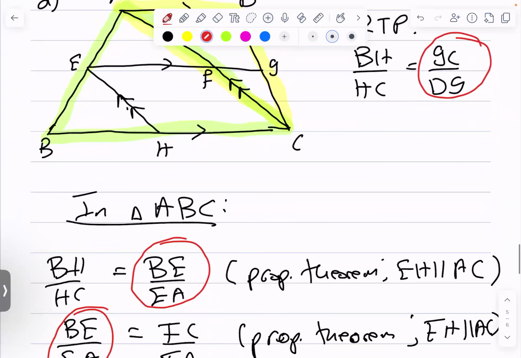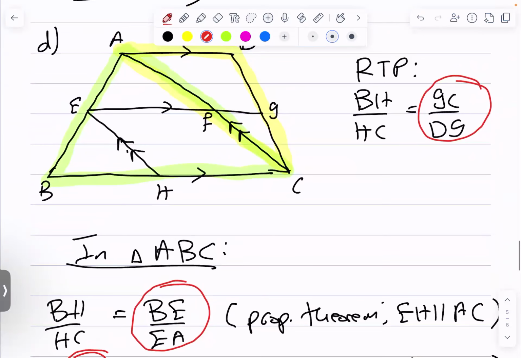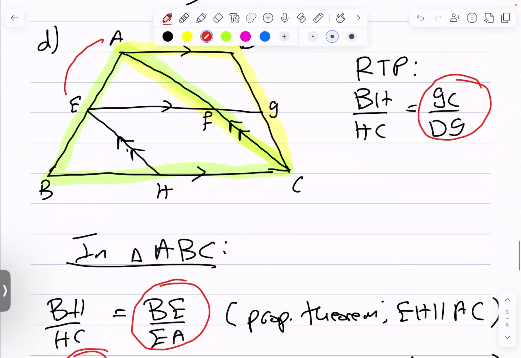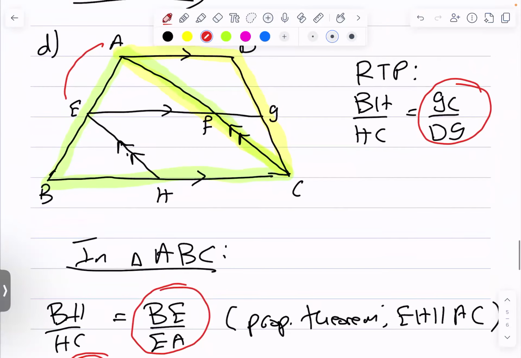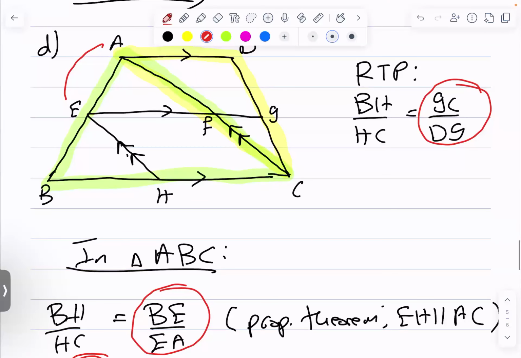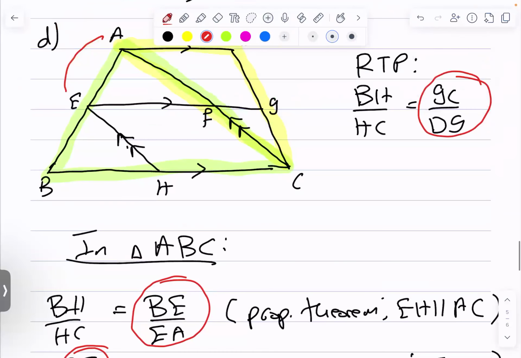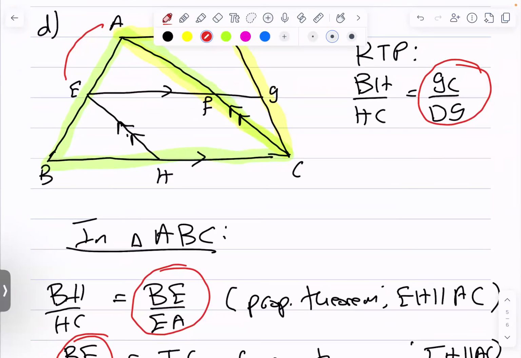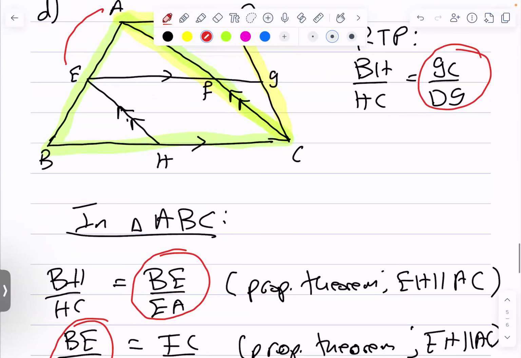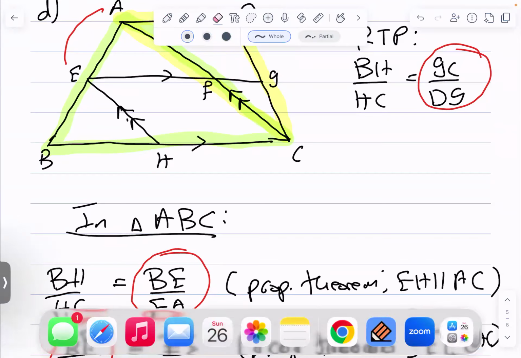You said BE over EA equals FC over FA, then you said the proportionality theorem, and then you stated EH is parallel to AC. Oh yeah, that's a mistake. What are those parallel lines? It's EF. Yes, sorry about that.